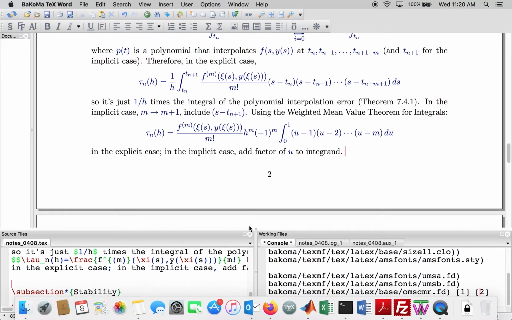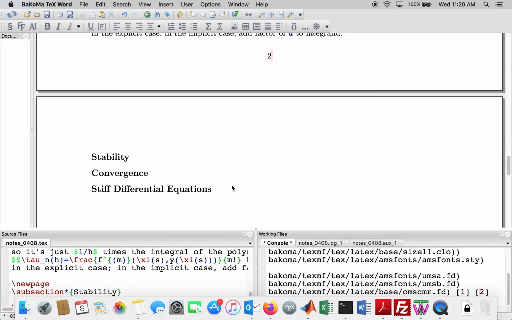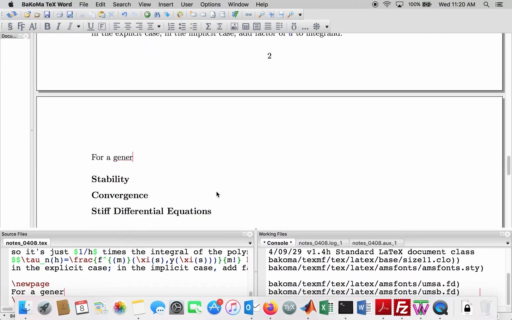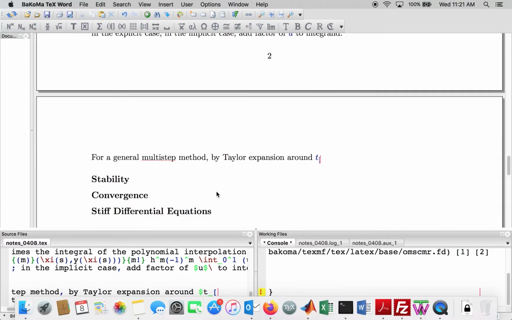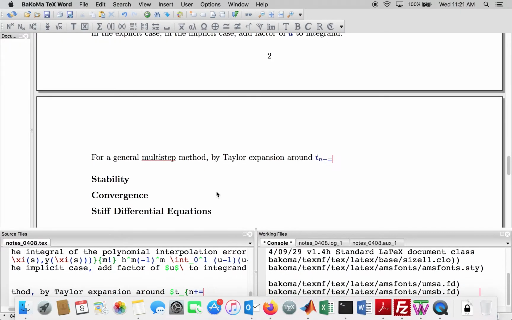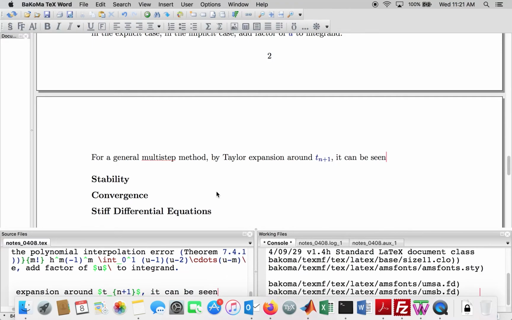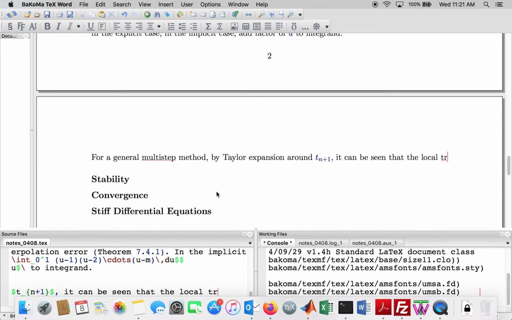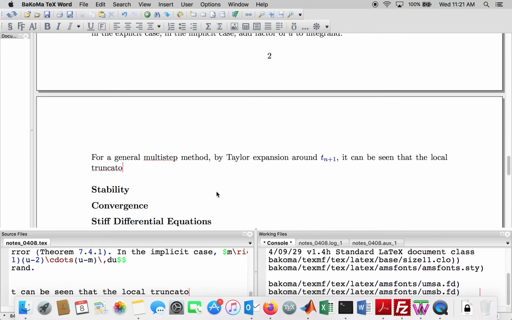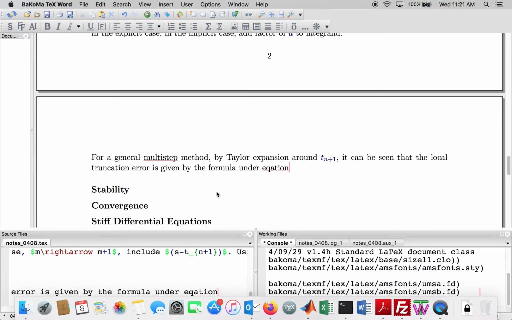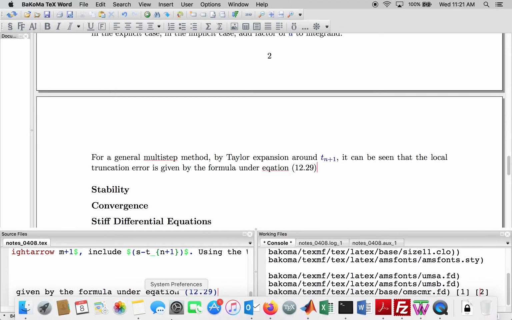Okay, so for a general multi-step method by Taylor expansion, it can be seen that the local truncation error is given by the formula, I believe it's 12.29, but let me check.